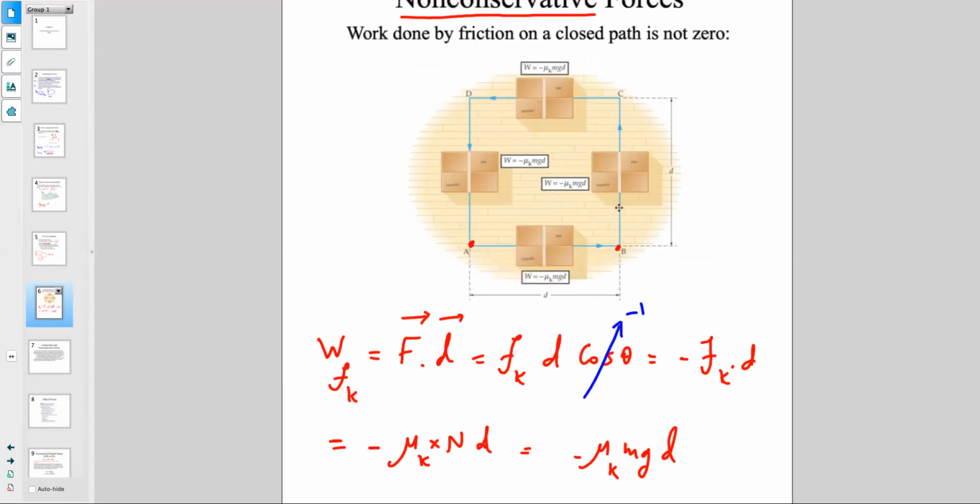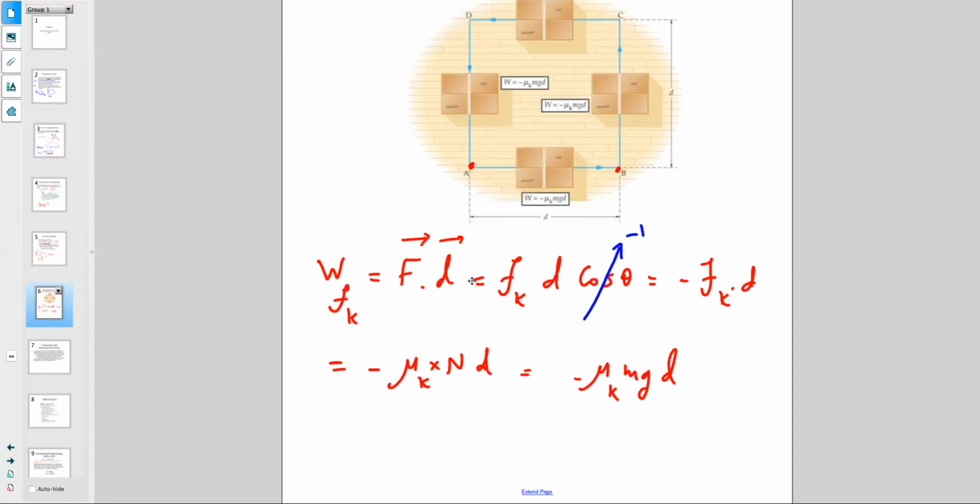And if I go from B to C, we'll do the same thing. If the displacement is the same, from C to D, the work done by friction will be the same. And from D to A, I'll do the same work. So technically, I am doing the same work 4 times.